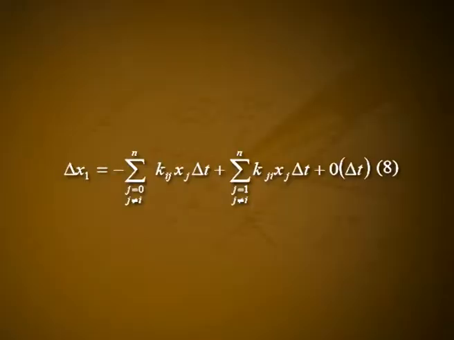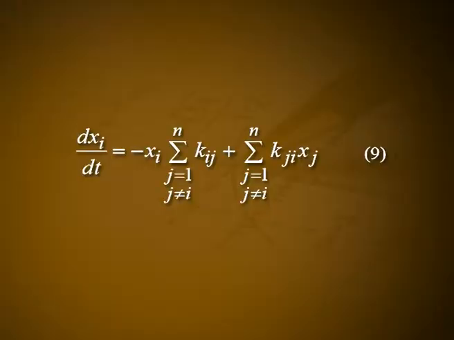Thus, we get delta x_i is equal to minus summation j equal to 0 to n, j not equal to i, k_ij x_i delta t plus summation j equal to 1 to n, j not equal to i, k_ji x_j delta t plus o(delta t).